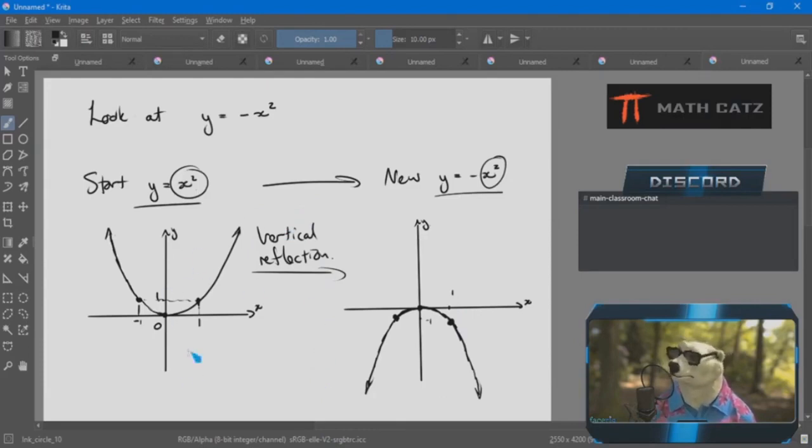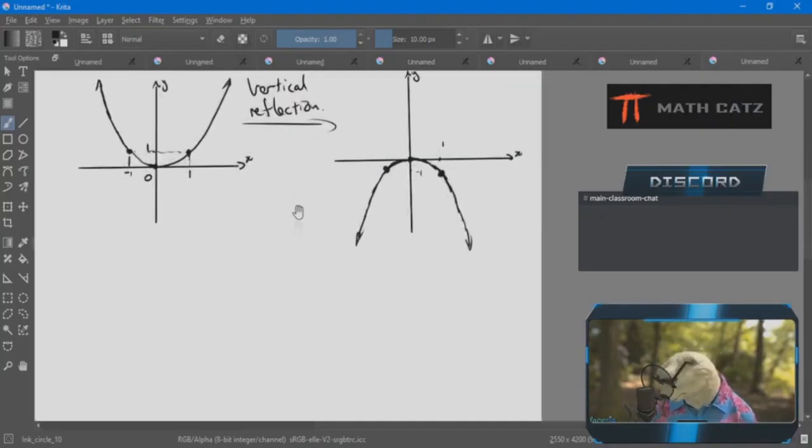I had to flip it vertically. What happened to the function? How did the function change? It was negative 1 times the right-hand side. Right-hand side stays the same. Negative 1 times that right-hand side.